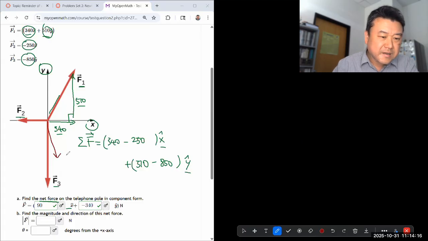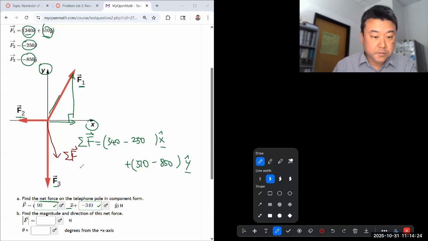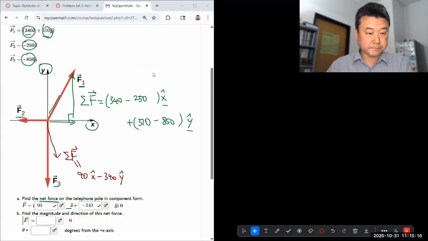This is my net force vector. And from having done the calculation, I know the components of this net force vector: 90 Newton x hat minus 340 Newton y hat. So I need to find the magnitude and direction.